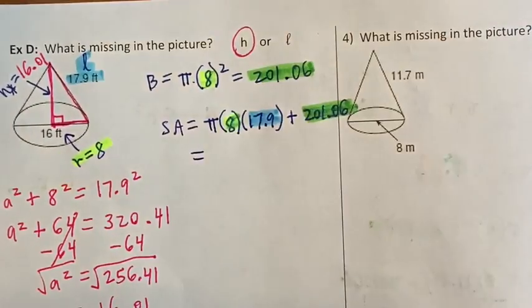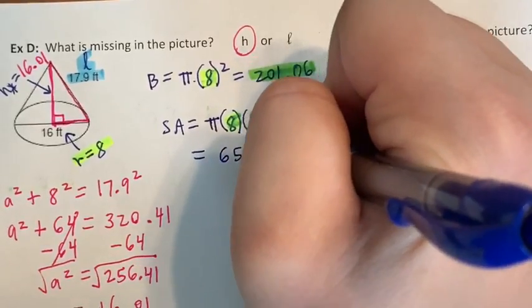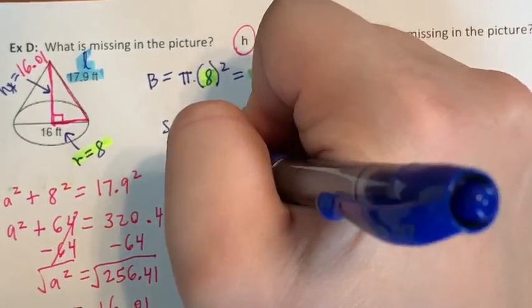When I do all of that utilizing my calculator, I get 650.94 square feet.